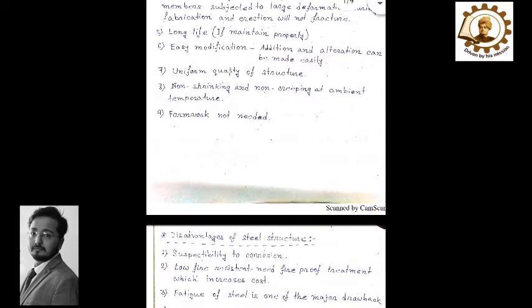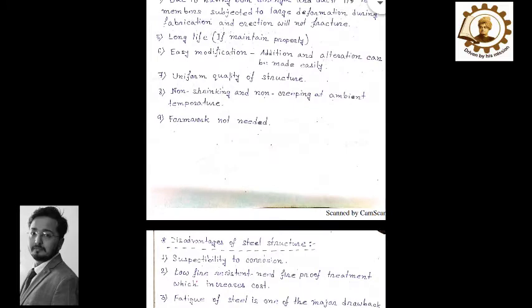Now, I want to discuss a few IS codes for design of steel structure. I have already discussed IS 800 2007, and in number 5 you can see SP6 Part 1, that is also called the handbook.